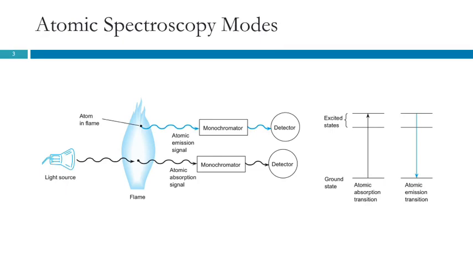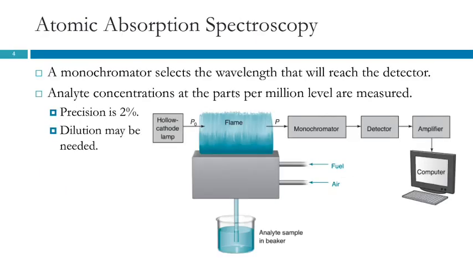Yeah, we usually run it in absorption mode. That's the only way I've ever used that instrument, but it can be done as an emission. Any other questions? The monochromator selects the wavelength that will reach the detector, because we don't want the detector to just see all the light from everywhere coming through.